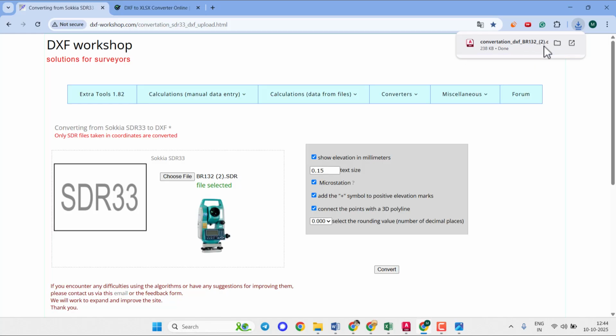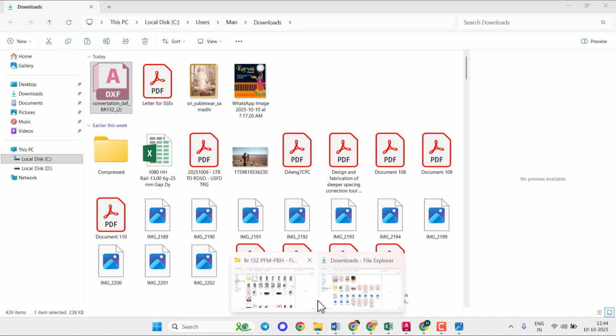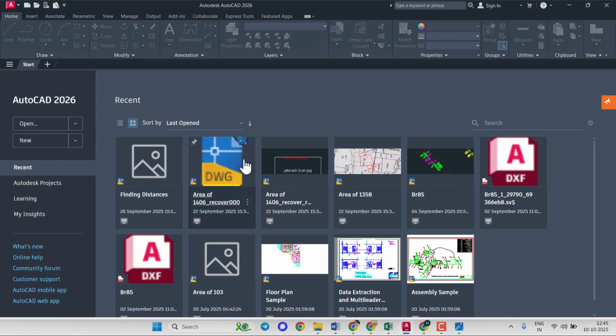Keep it, open it, Control X, and paste it here, Control V. We can rename it, I think it was 29th August 2025. This is the DXF file, as the symbol already shows. Now this can be directly opened in AutoCAD also.